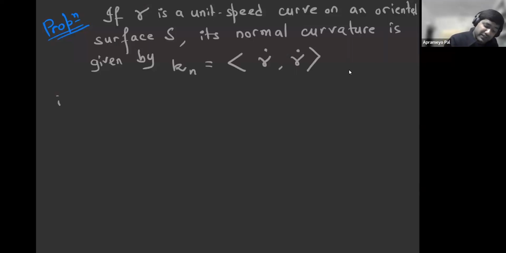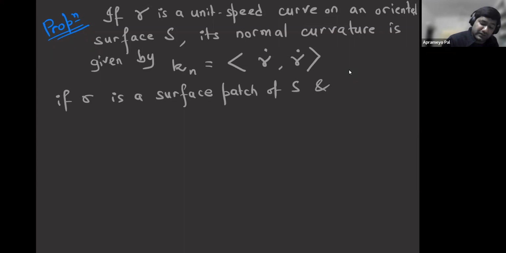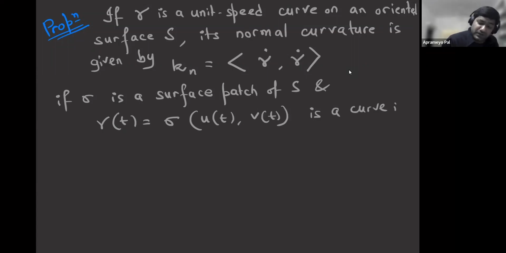Essentially, sigma is a surface patch of S, and gamma t, sigma u t v t, is a curve in sigma.